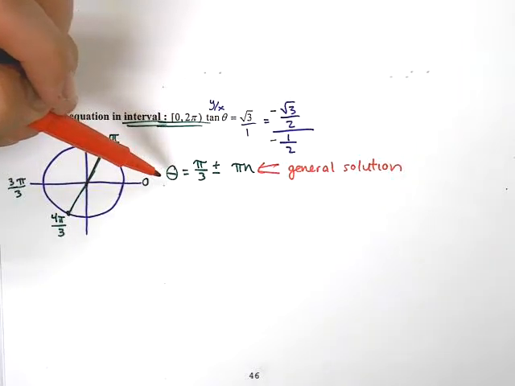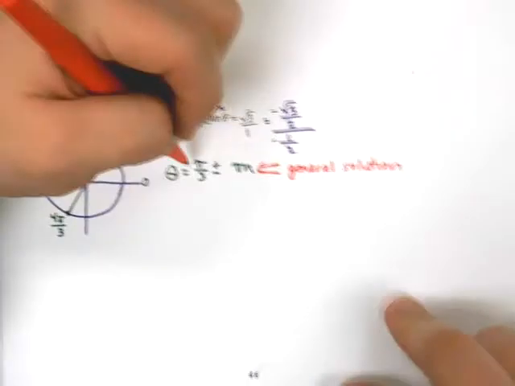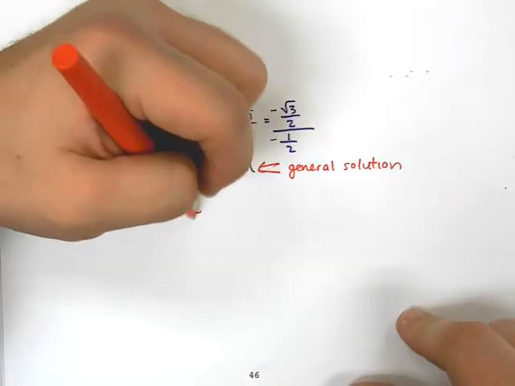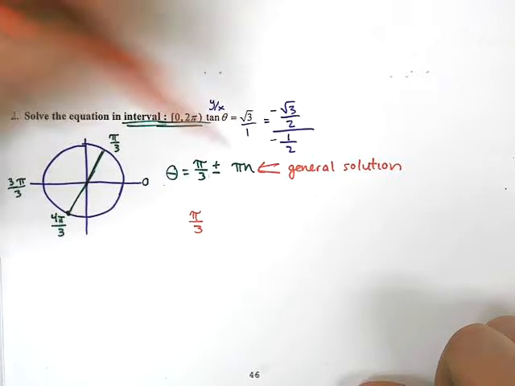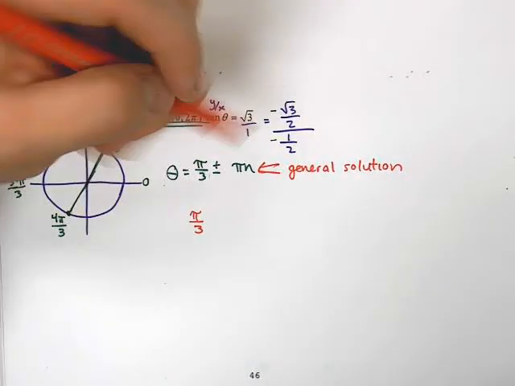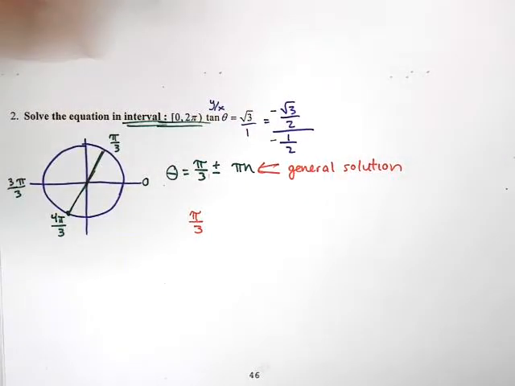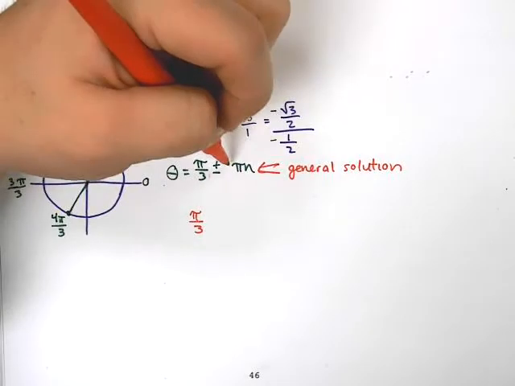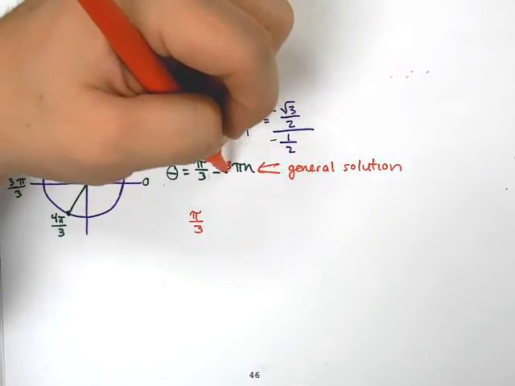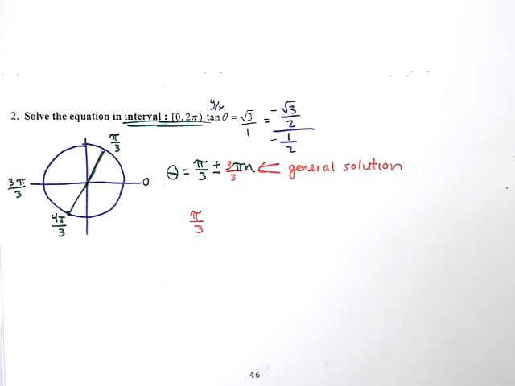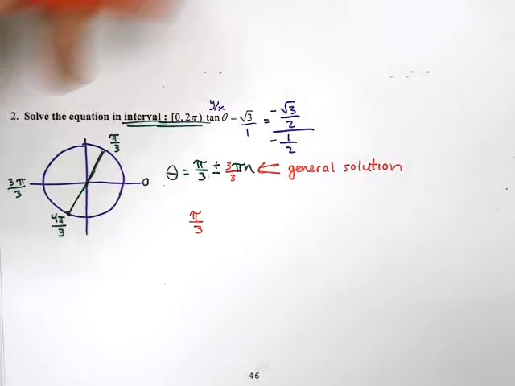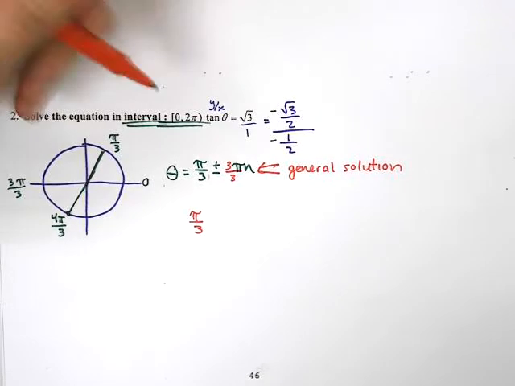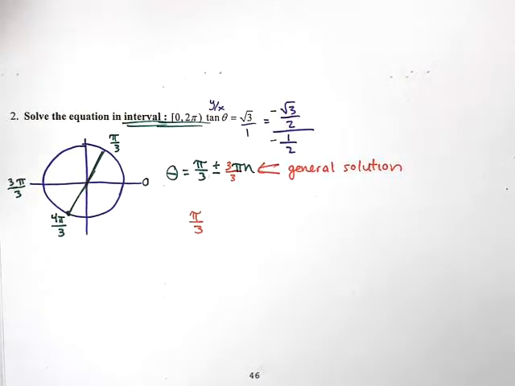All right? And so what I mean by that is, well, I know that my first angle is pi over 3. But then I know I have to add or subtract pi n. So really, this is just my step. One thing I would think about is that pi can be rewritten as 3 pi over 3, because now I know that I can just add or subtract 3 pi over 3 over and over and over until I get outside of the interval I'm looking for.